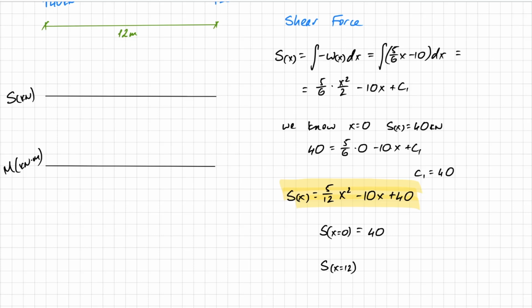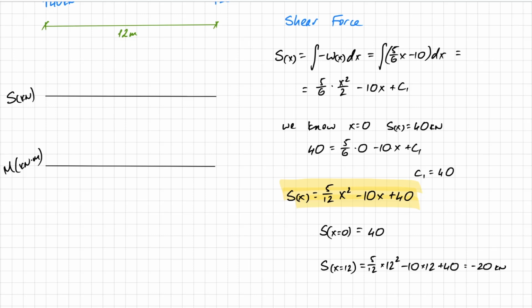And then when x equals 12, I get 5 over 12 times 12 squared minus 10 times 12 plus 40. And if we calculate all of that, I get minus 20 kilonewtons, as I'd expected.